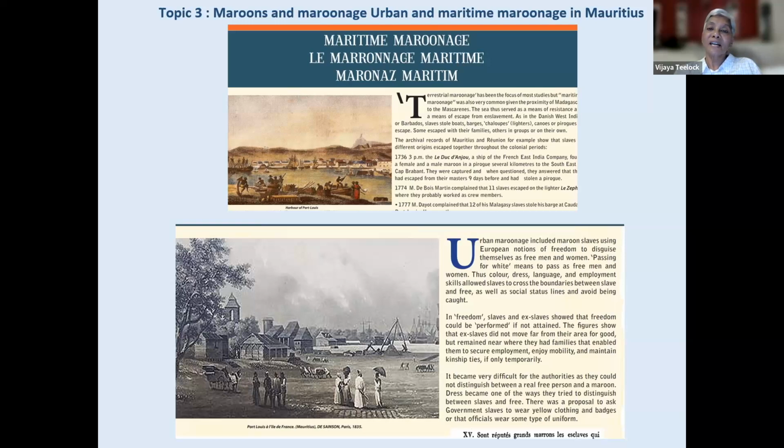And you see this in the advertisements for maroon slaves, when owners advertise the fact that their slave had run away, that he had been seen walking in the streets of Port Louis dressed in all his finery, in jewelry, etc. So this was a very important form of escape from slavery, mingling into the free population of Port Louis, what Megan Vaughan has called passing for white. So being well dressed, wearing shoes, and even getting jobs across the town.